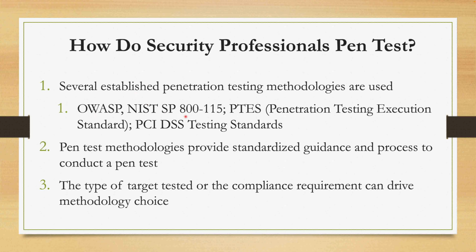On the other hand, we have NIST, a technical guide to information security testing and assessment. You can look at it as a general-purpose framework suitable for testing diverse IT environments, providing detailed procedures for network and system penetration testing.